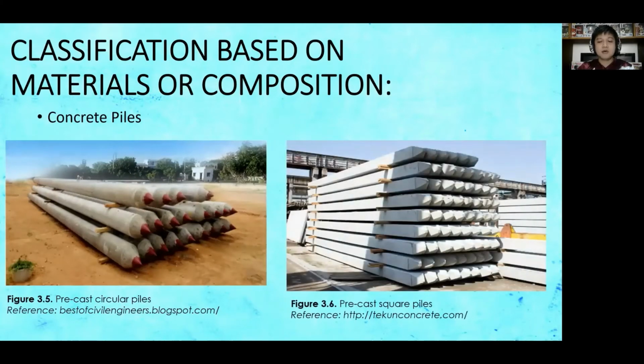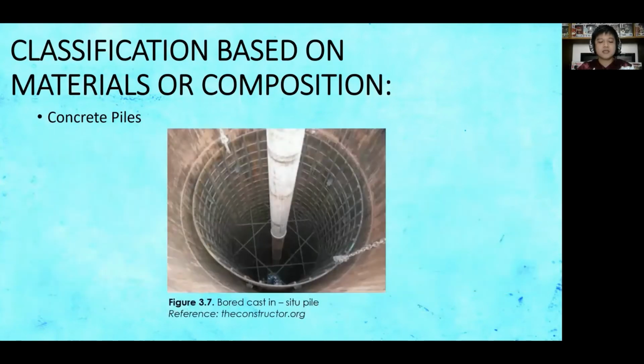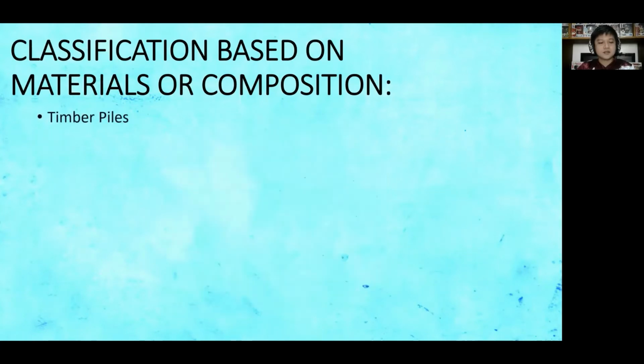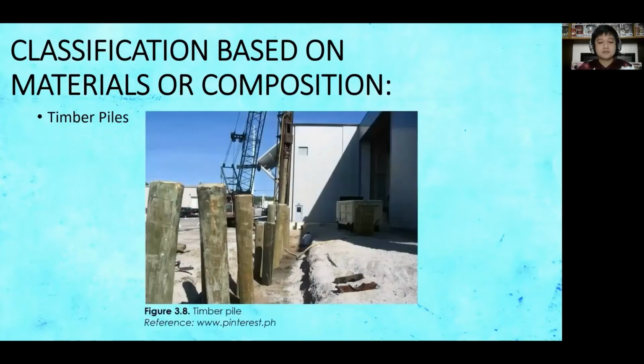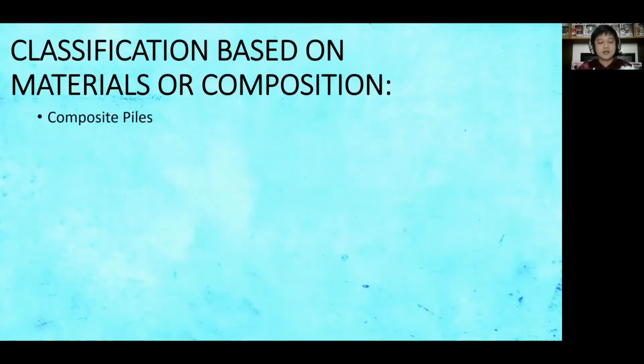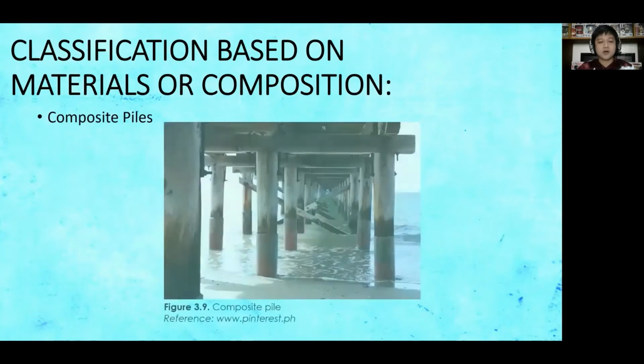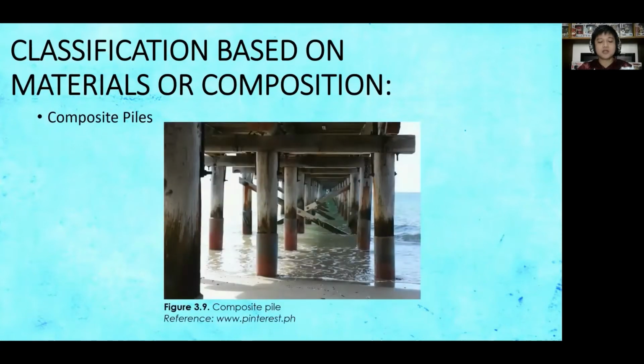These are pre-manufactured piles. Another is the bored cast-in-situ pile. Third is timber piles. And last is the composite piles, which are a combination of the first three classifications of piles. Again, steel, concrete, and timber.